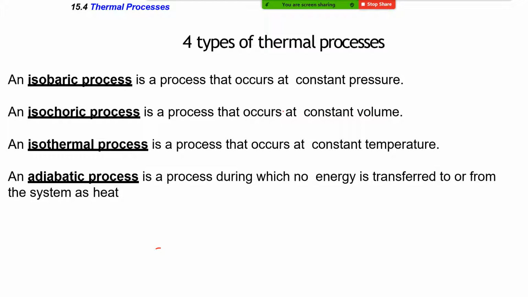Now, from time to time, whenever we have a particular gas, there are times when we can have certain things that are constant, such as the volume, the pressure, the temperature, and so on. When those things happen, it goes through a particular process, and we're going to look at how it looks from a graphical standpoint when there is constant pressure and what happens during the whole constant pressure scenario and so forth, right? So these are the four main types of thermal processes.